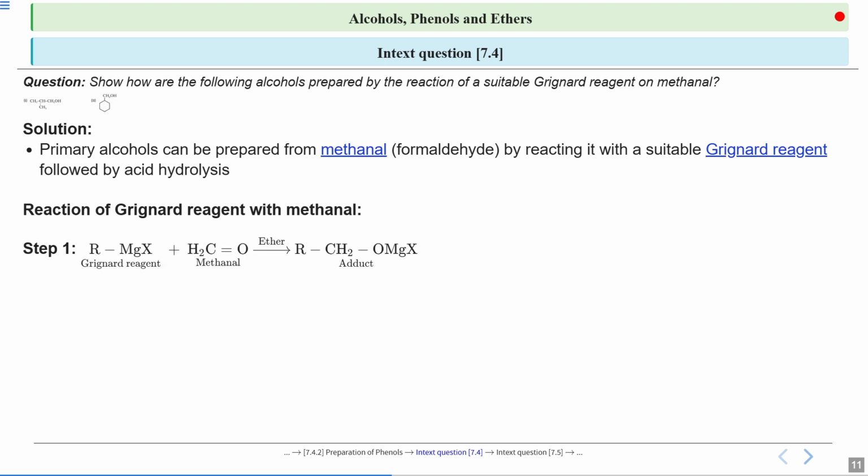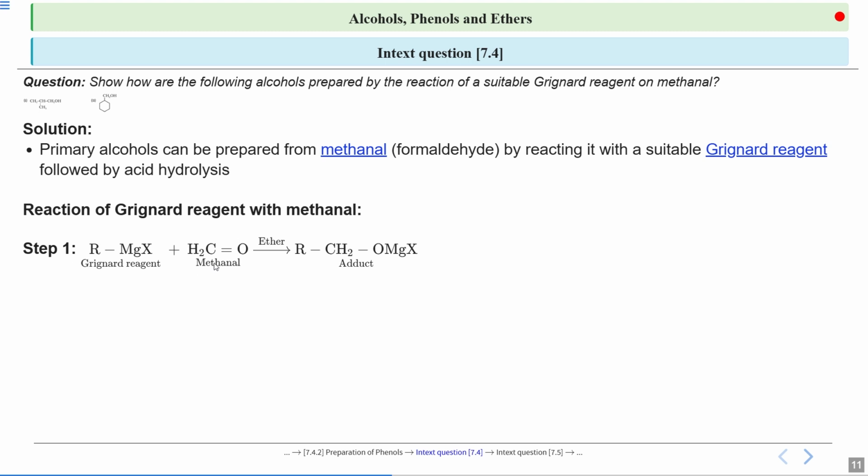So see here, whenever you take a Grignard reagent and here there is methanol, an adduct is formed. Adduct means an addition product of this Grignard reagent and this carbonyl group. Here it is methanol. This Mg is a metal, so it has an electropositive nature. So a partial positive charge will develop on this MgX group and a partial negative charge on this R group.